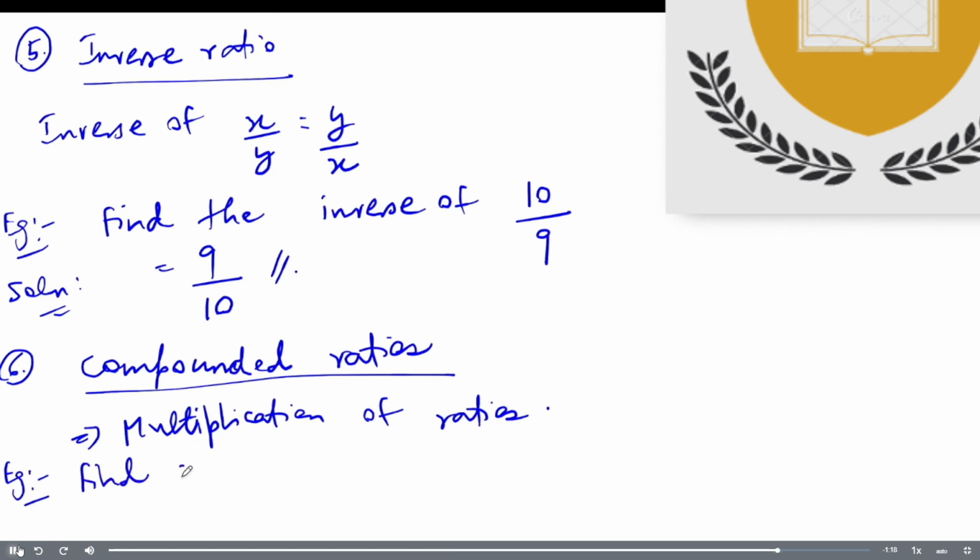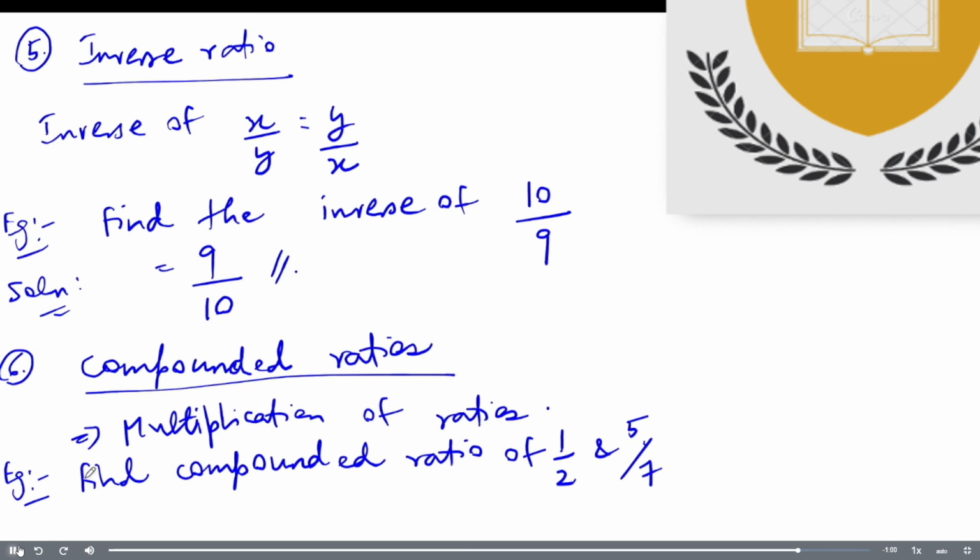Find the compounded ratio of 1 by 2 and 5 by 7. The answer is 1 by 2 into 5 by 7, which is 5 by 14.